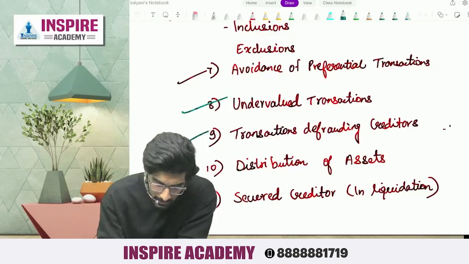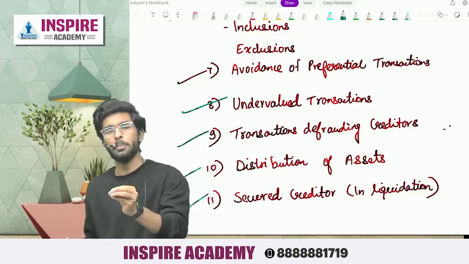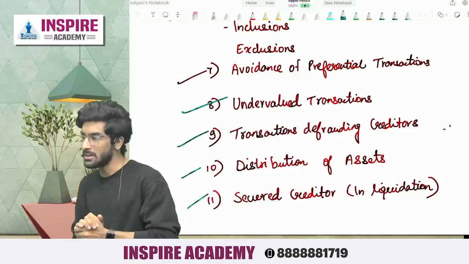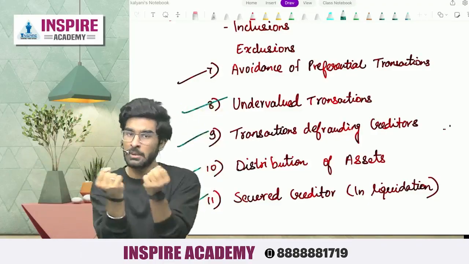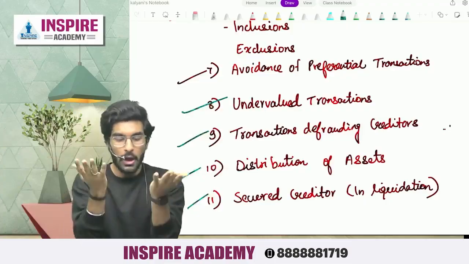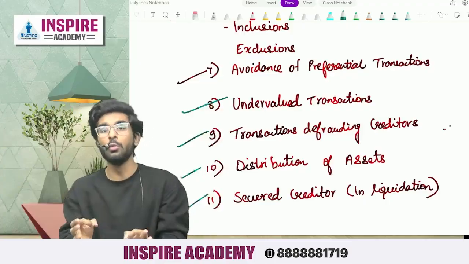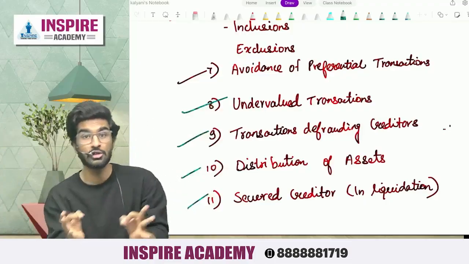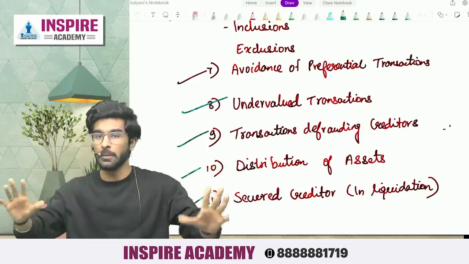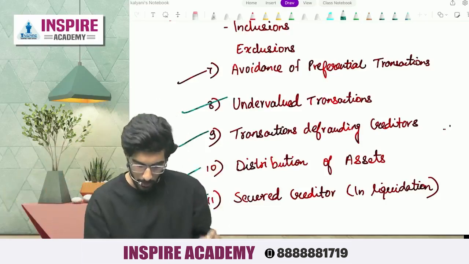And the tenth and eleventh are beautiful topics. Tenth is distribution of assets. Once the liquidation estate has been identified and the assets are sold off, now we have got money. With this money, which category of stakeholders will be given priority in repayment? We'll understand. Beautiful topic, people.